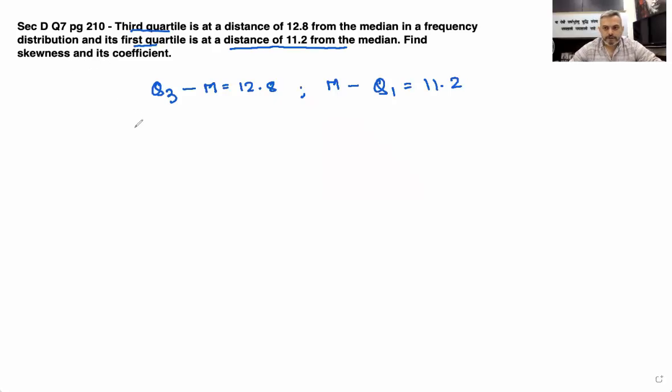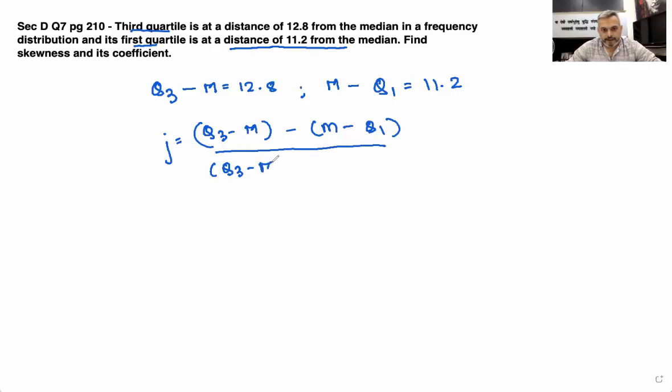Now over here, we use our formula, the bigger one, which is Q3 minus M minus Q1 upon Q3 minus M plus M minus Q1.